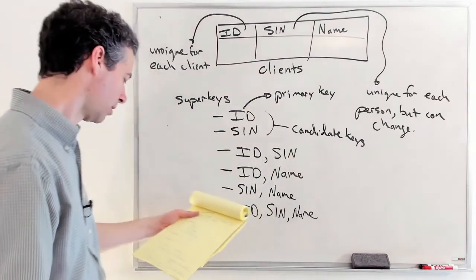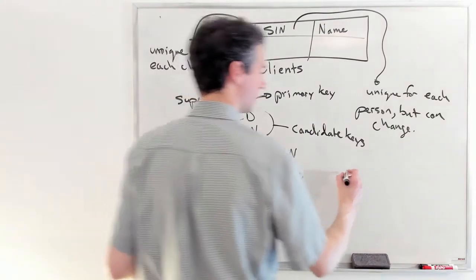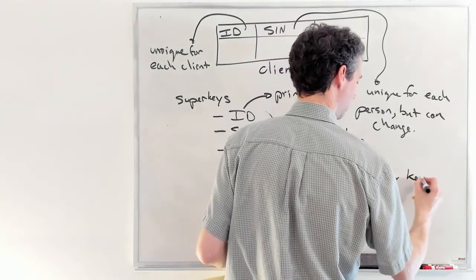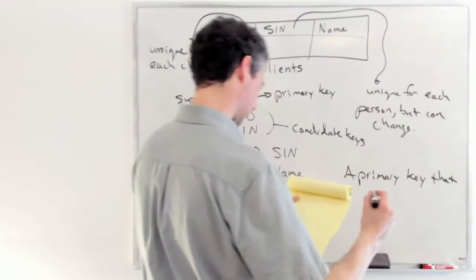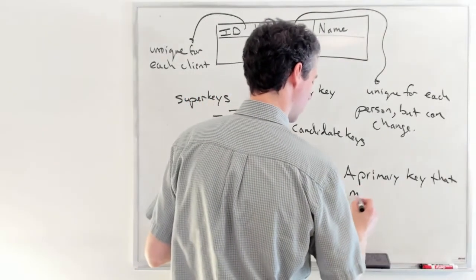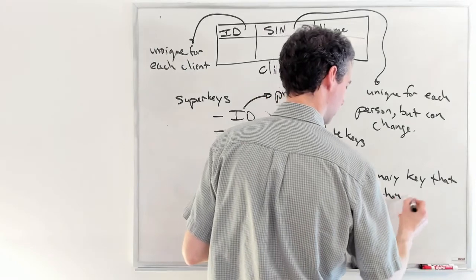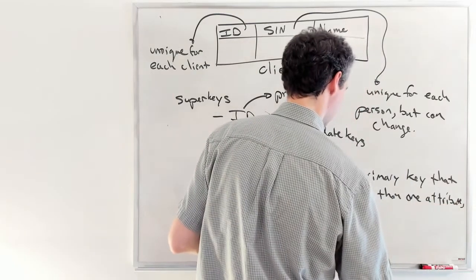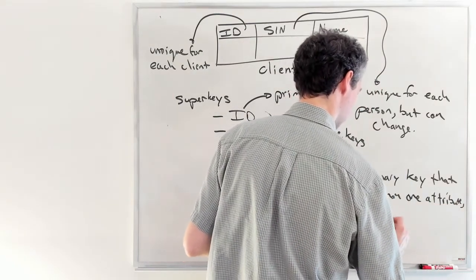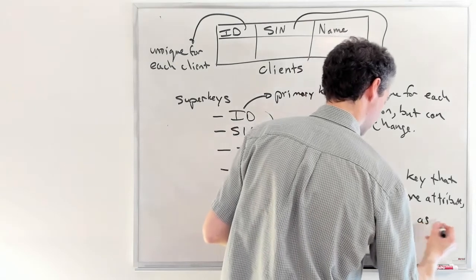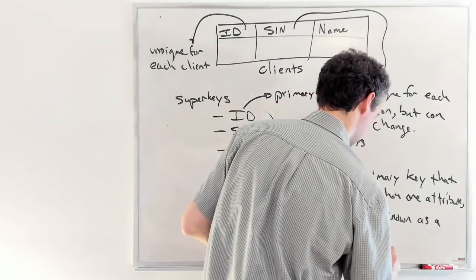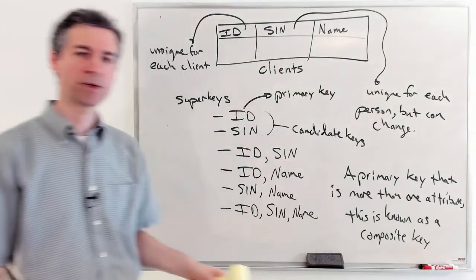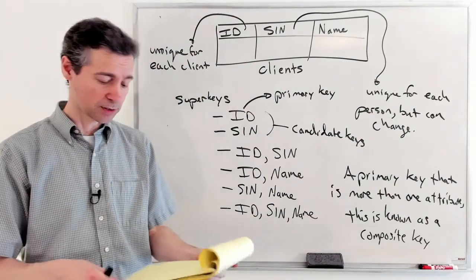All right, so if we have a primary key that is more than one attribute, this is known as a composite key. So if we have to use two attributes to form our primary key, it's a composite key.